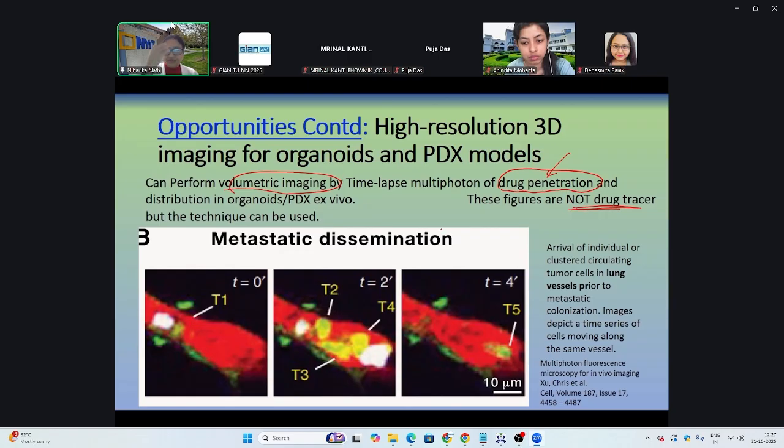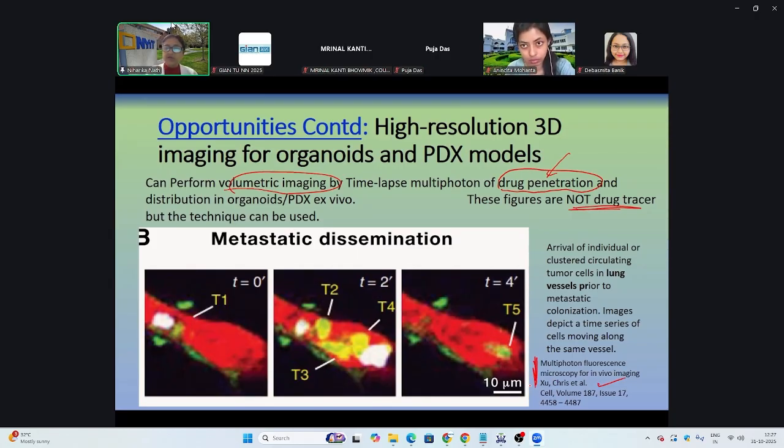In this figure, which I have taken from a paper from Cell, it's multiphoton fluorescence microscopy in vivo. So this is inside the animal, not in the organoid anymore.